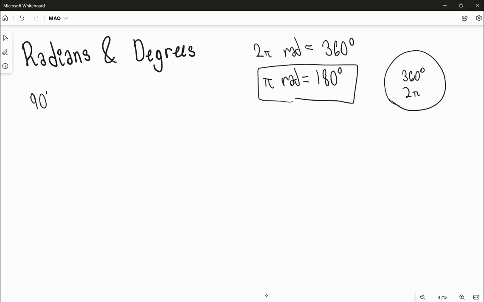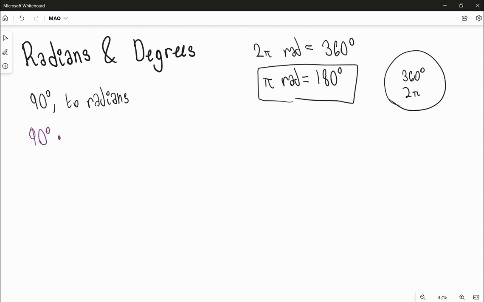Okay, so let's work on conversion. Let's do 90 degrees. Convert to radians. So if you have 90 degrees, and you want to convert that to radians, well, you would have to divide by 180 because you have the degrees here.